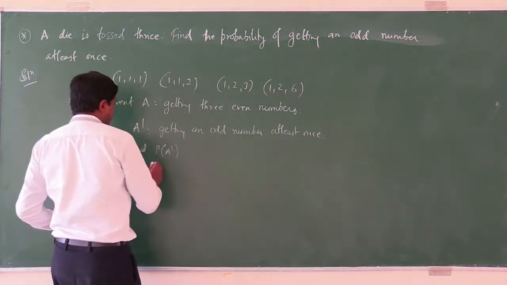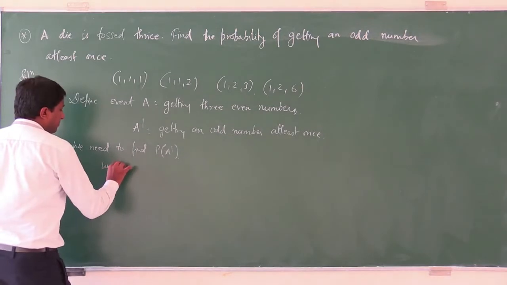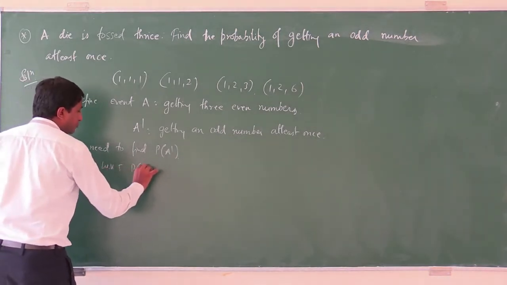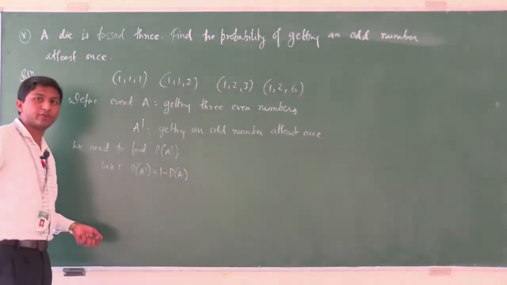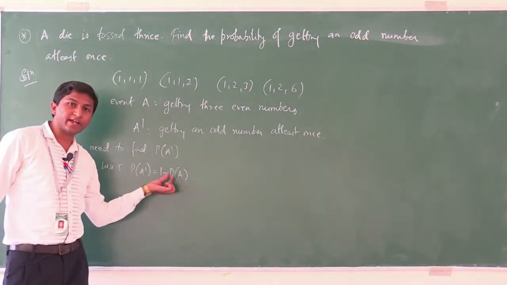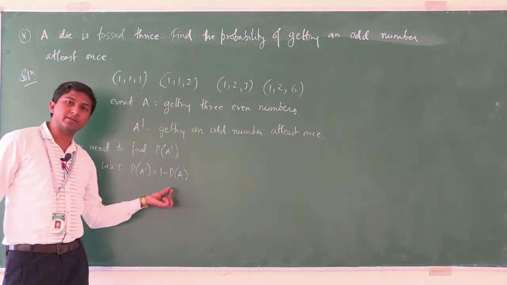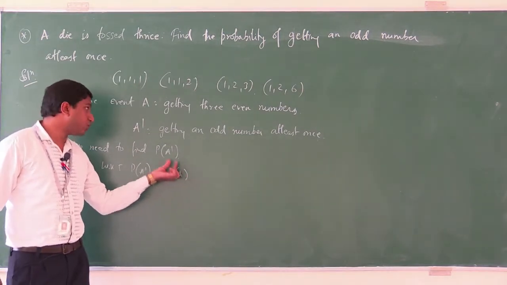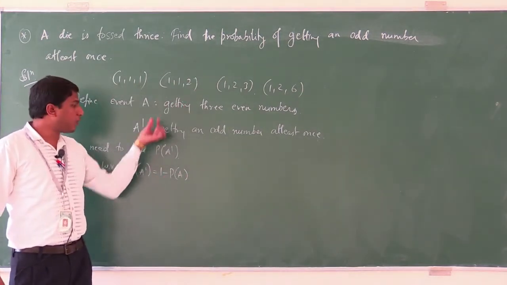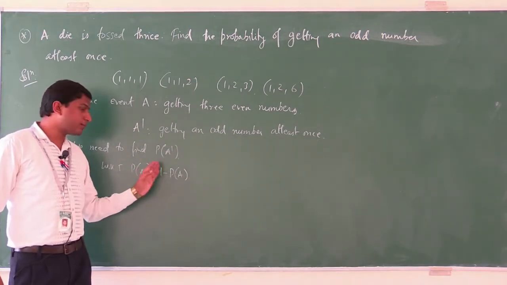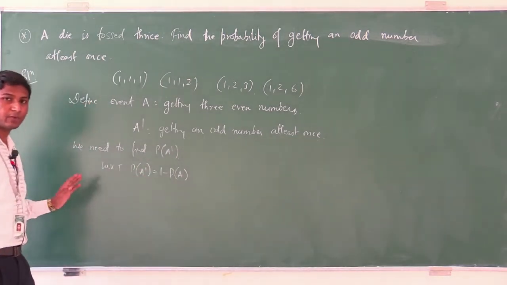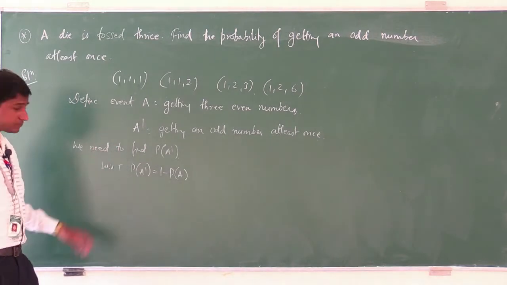We know that P of A dash equals 1 minus P of A. So we have to find P of A. Once you find P of A, you substitute in this formula 1 minus P of A, and that will be P of A dash.